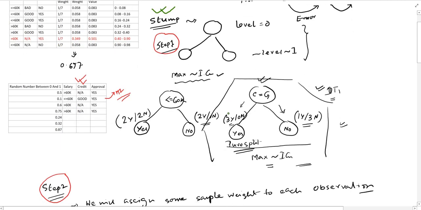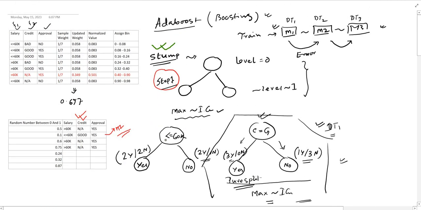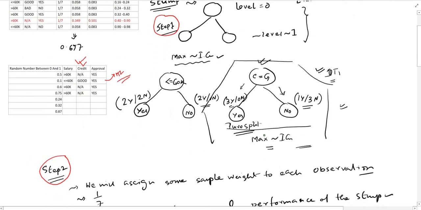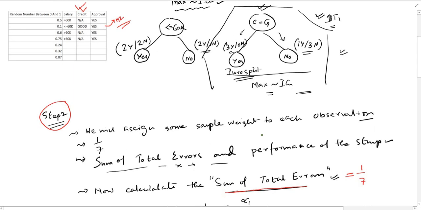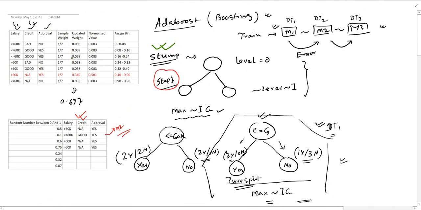You create the stump, then you use the information gain technique to find out which feature to use for that particular stump. Once you create your first tree, after that you follow this chart.